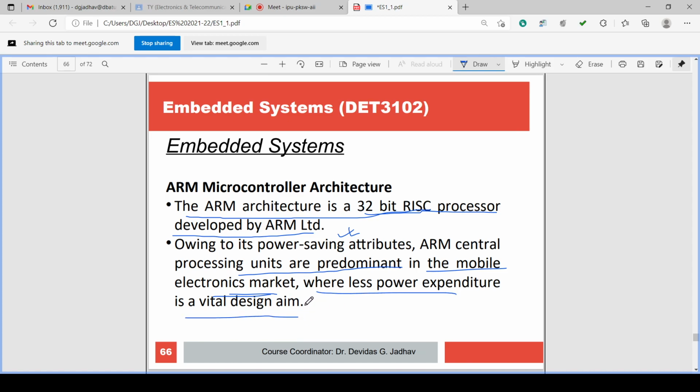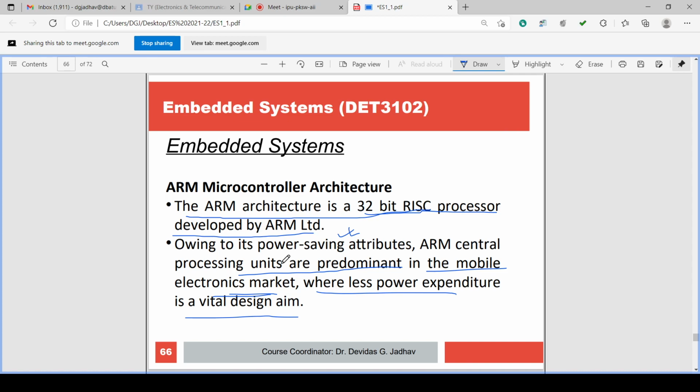Whatever mobile type of architectures are there, maybe mobile phone or other mobile handy systems which can be moved here and there, in those cases ARM processors are very popular.